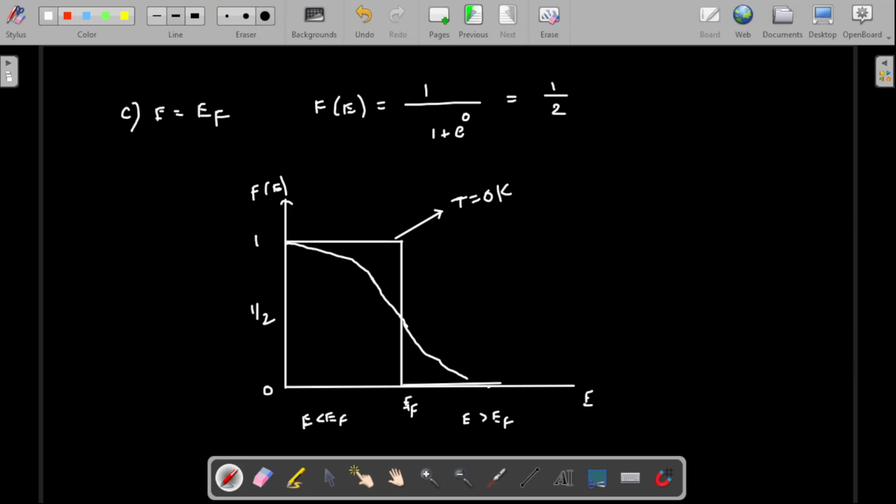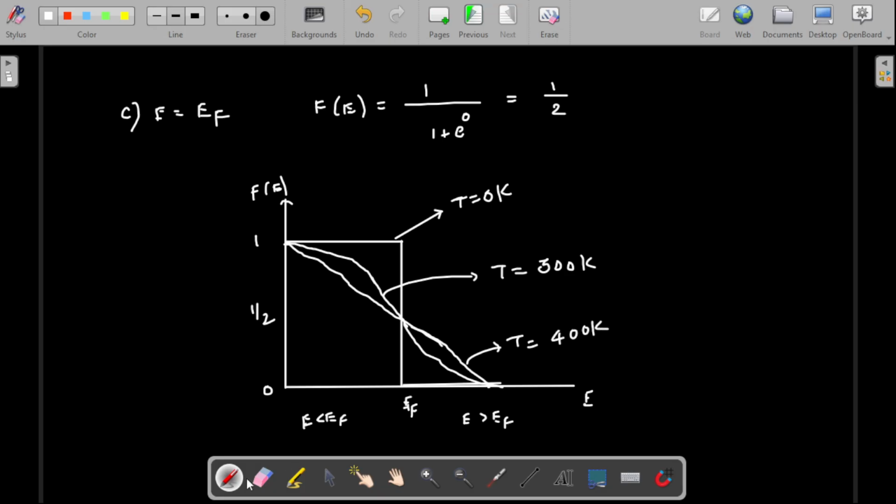Then it will slowly trace the boundary. So this is the condition where T is equal to 300 Kelvin. If we further reduce the temperature, then it will further reduce, and the curve dips like this.